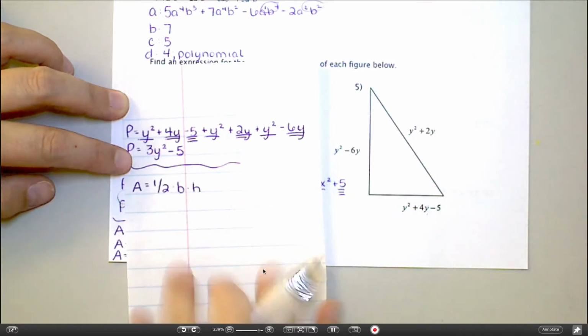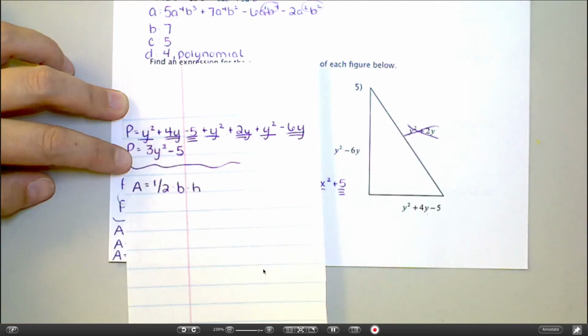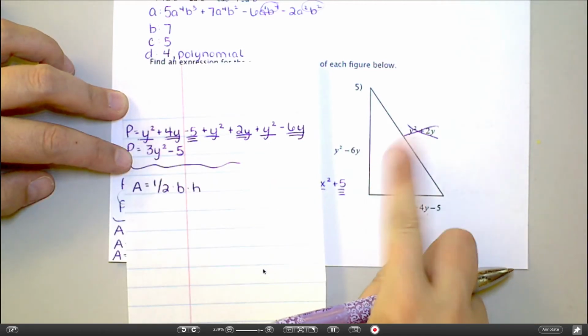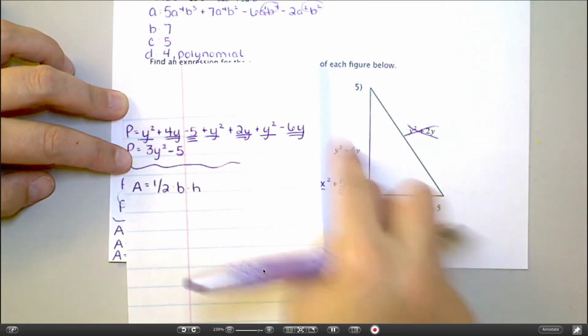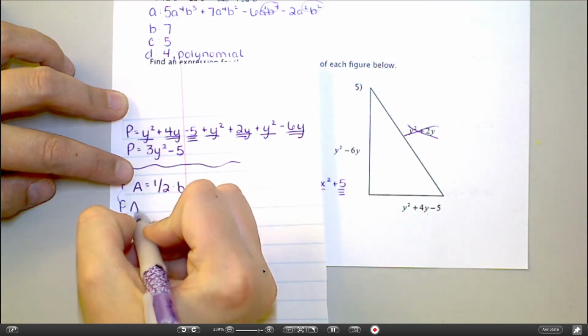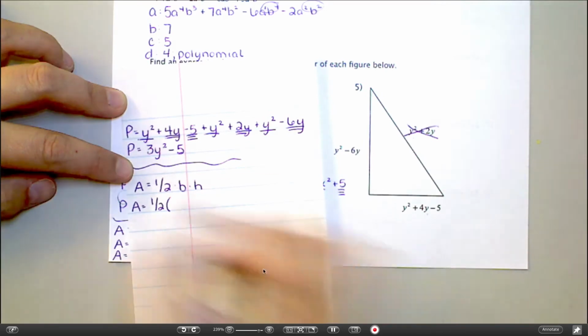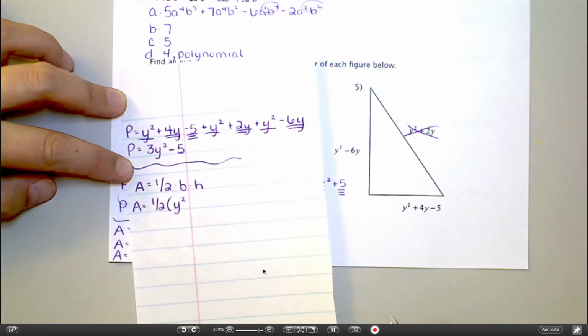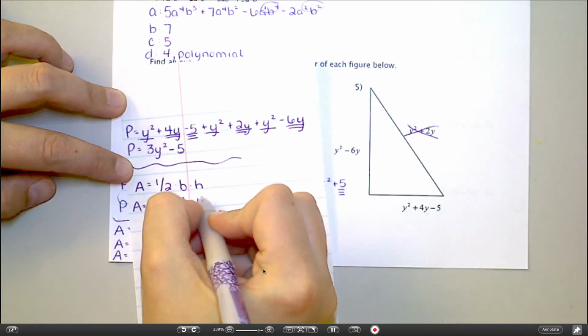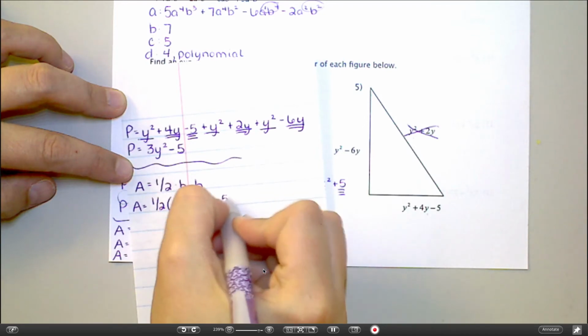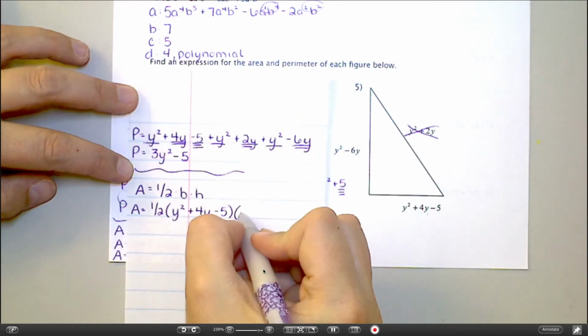Okay, so for area, I'm not using this piece at all. I did need that piece for perimeter, but for area, I'm just using base and height. So I'm going to do 1/2 times that first one, y squared plus 4y minus 5, times y squared minus 6y.